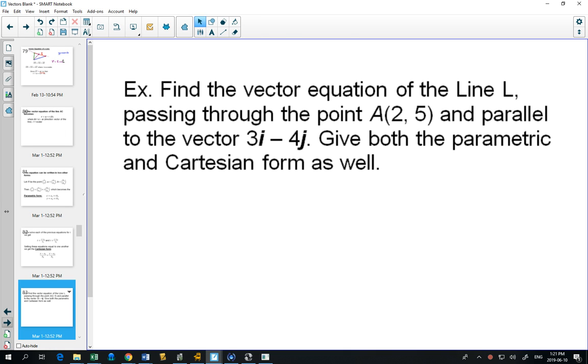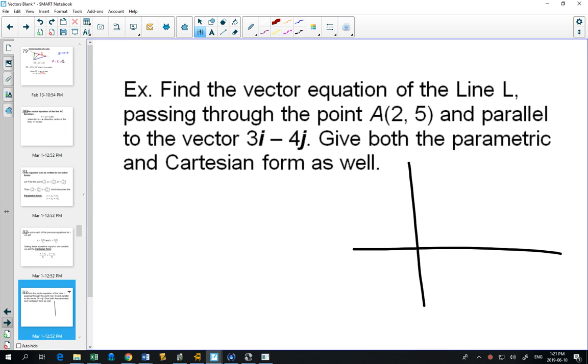So we'll draw a picture just to have an idea of what's going on. (2, 5) is the position vector of a point on the line, and it's parallel to 3i minus 4j. 3i minus 4j would look like this. Go over 1, 2, 3, go down 1, 2, 3, 4.